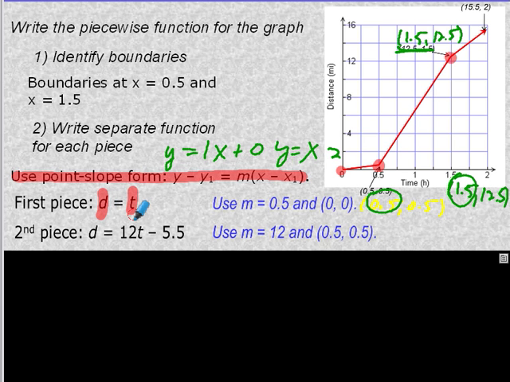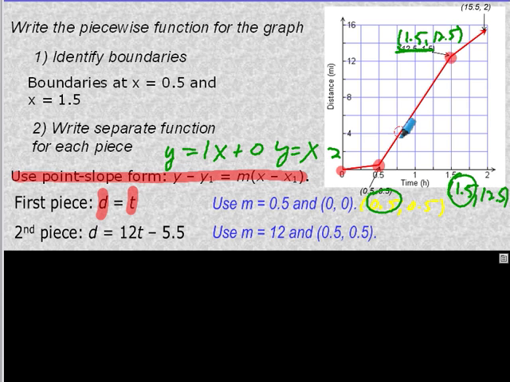All right, so this next piece, we don't know what our y-intercept is, which is why they suggest you use point slope form. We have this point here, and we're going to plug that in for our y1, x1. Our slope we can figure out by using these 2 points.